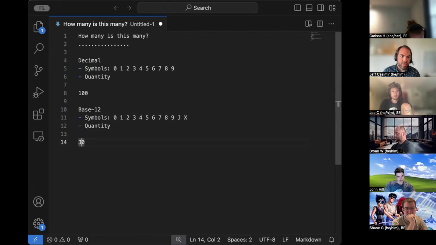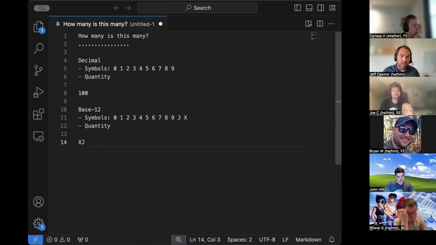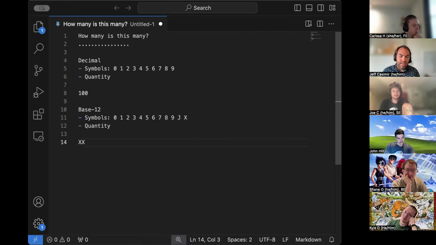X rolls over to 0, and then this J moves to X, X0, X1, X2, X3, X4, X5, X6, X7, X8, X9, making BMWs left and right. We go XJ, flip over to Toyota land, and then we go XX, and now this X increments, wraps around to 0. This X increments, wraps around to 0, and you get to this 100.